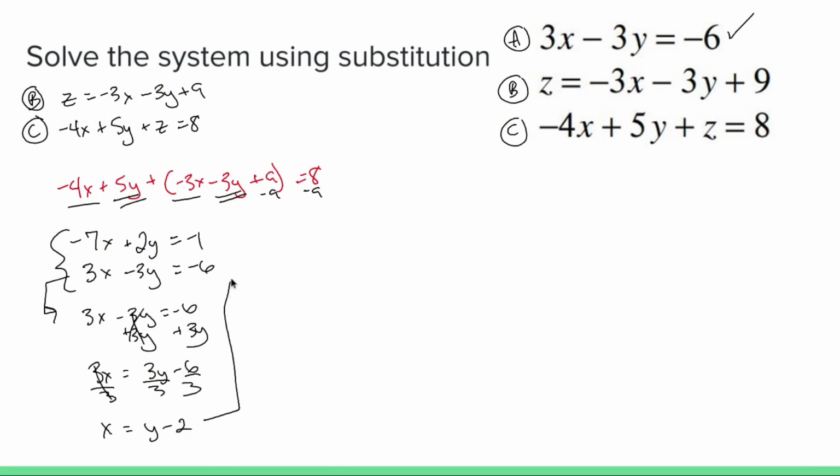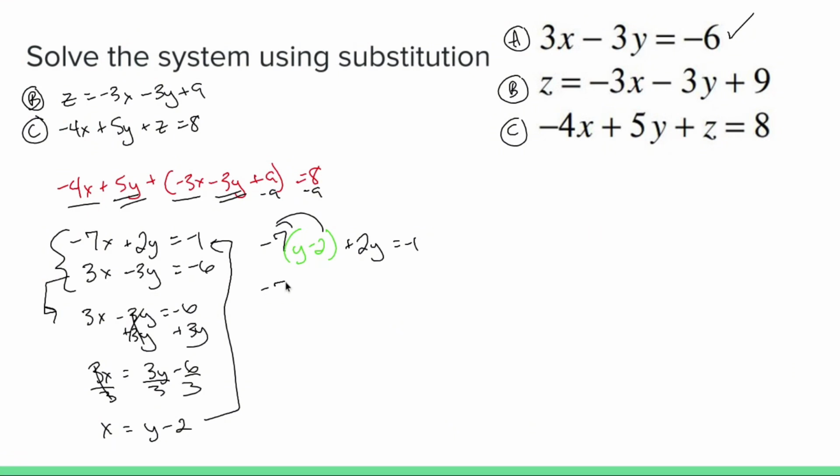Let's take that and plug that into the top equation. So let me replace the X with Y minus 2. Negative 7 times the quantity Y minus 2, close it, plus 2Y equals negative 1.